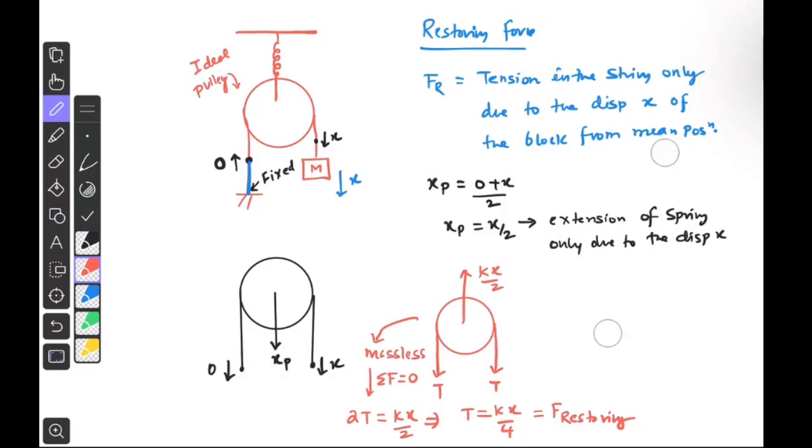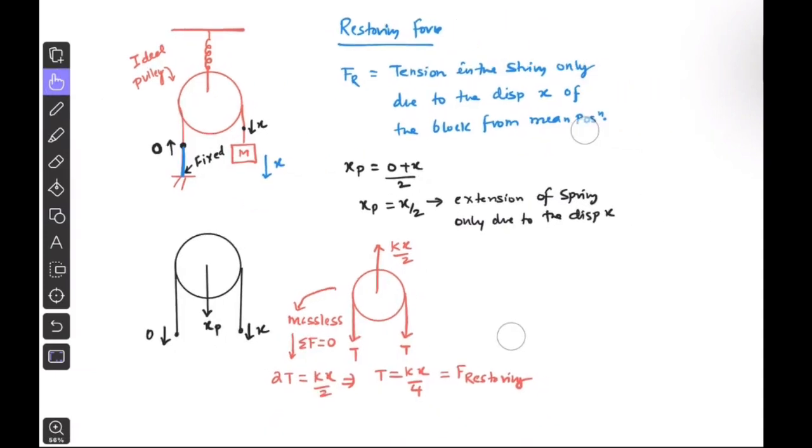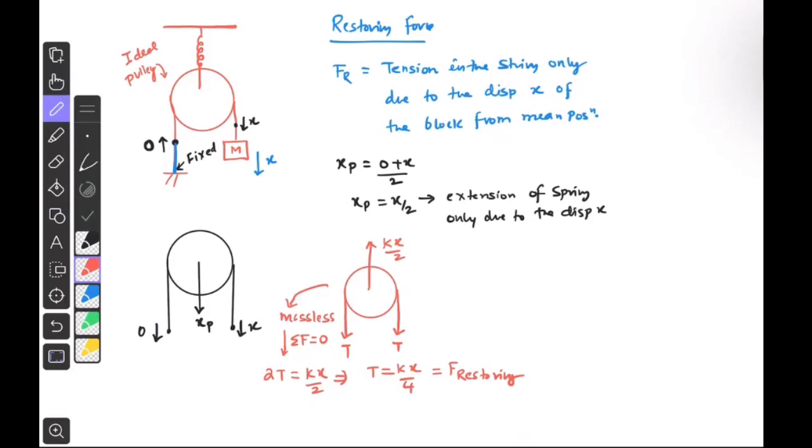If this is the restoring force, then we know that the restoring force acts opposite to the displacement. So the net force is always minus of that. It will be minus of kx by 4. Mass of the block is m, so ma equals minus kx by 4. So a will be minus k by 4m into x.